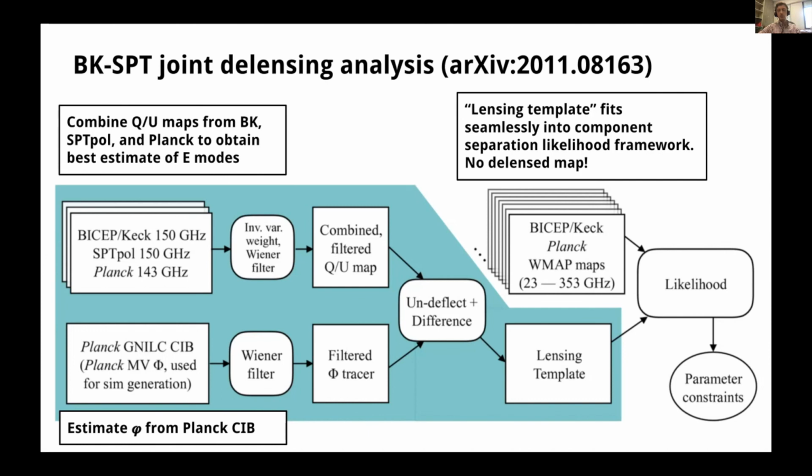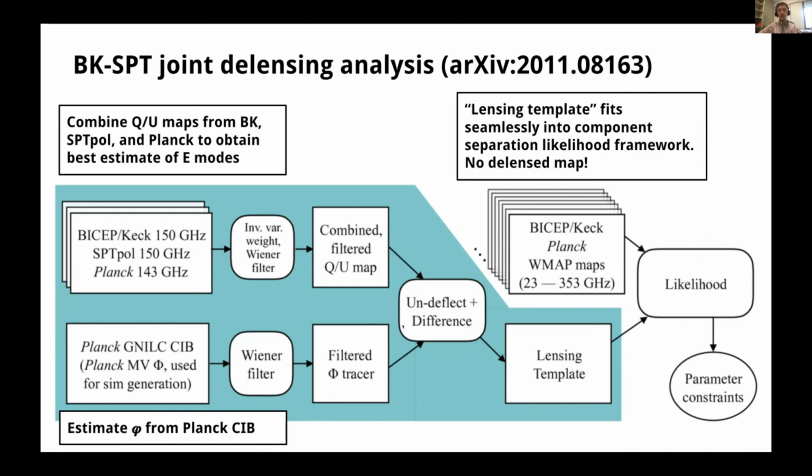Just like we don't produce a component separated CMB map, we also didn't try to produce a delensed CMB map. We'd rather use this estimated lensing that goes through this likelihood and ends up in parameter constraints. This works quite well and fits in naturally with our approach.